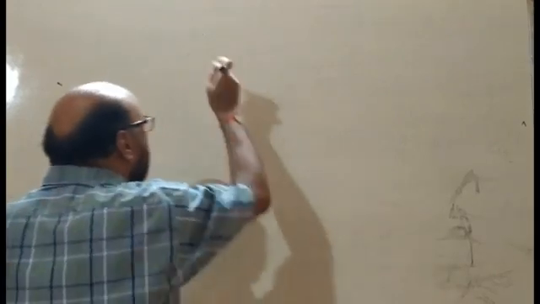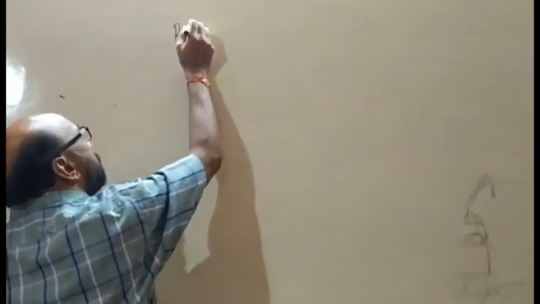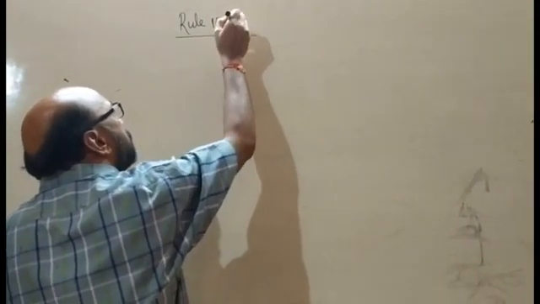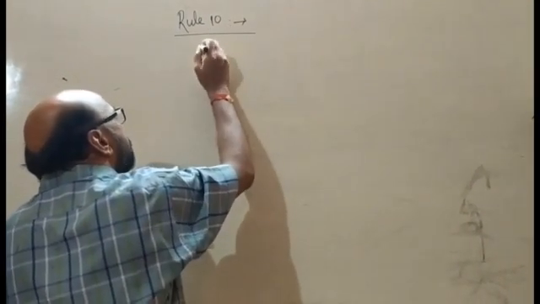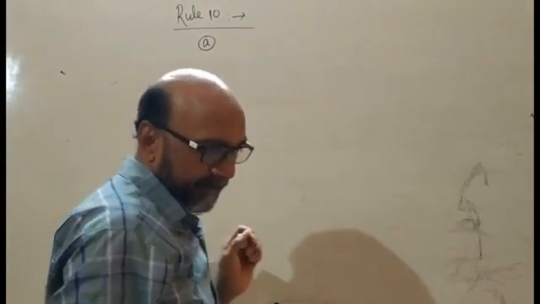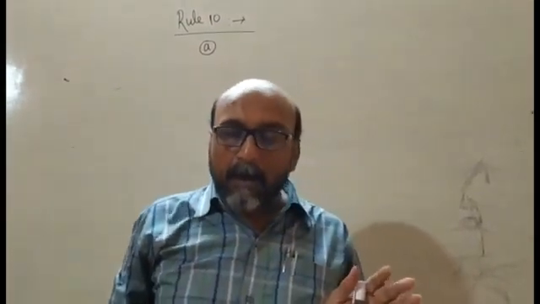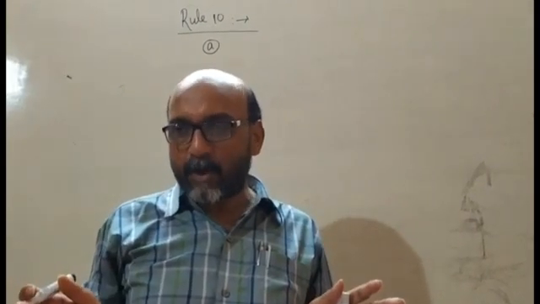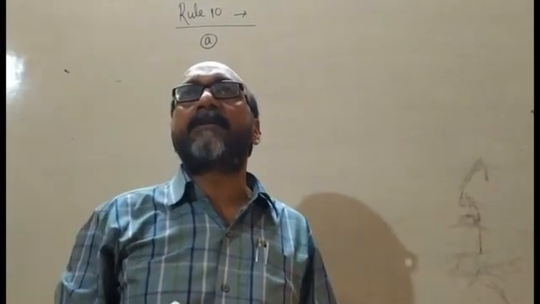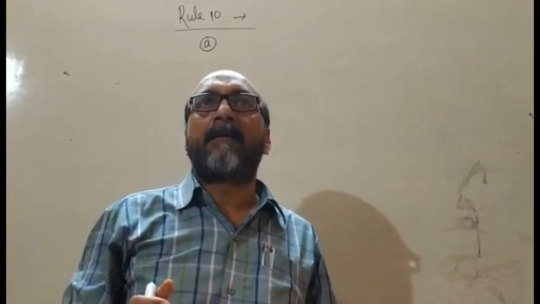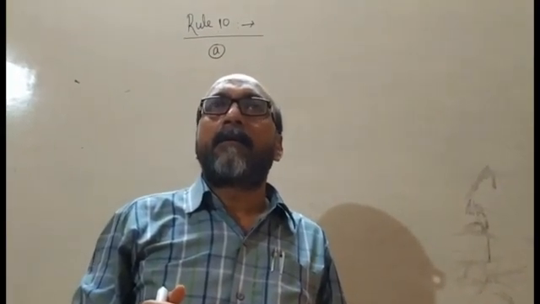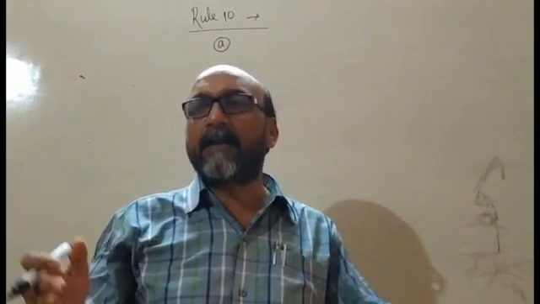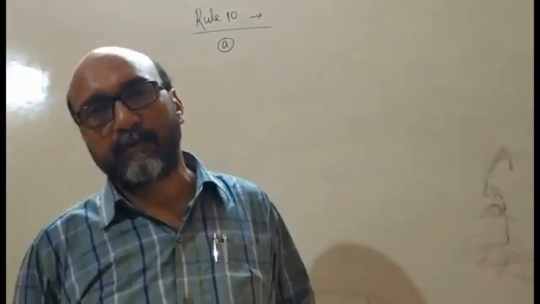Under rule 10, we shall write 3 parts. One. First, A. The oxidation state of some of the elements may be different in their different compounds.